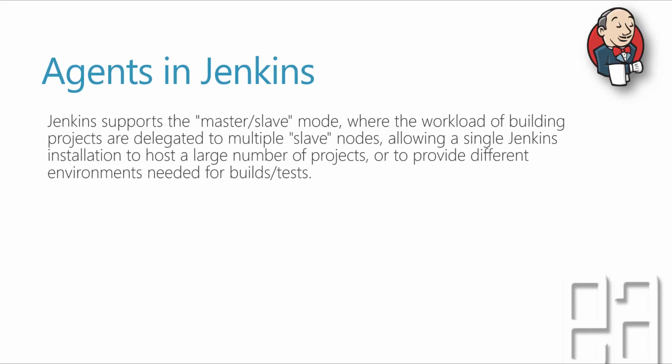Agents in Jenkins. Jenkins supports the master-slave mode where the workload of building projects is delegated to multiple slave nodes following a single Jenkins installation, to host a large number of projects and to provide different environments needed for build and test. So here the slave is nothing but the agent, so it is used interchangeably in the Jenkins world.